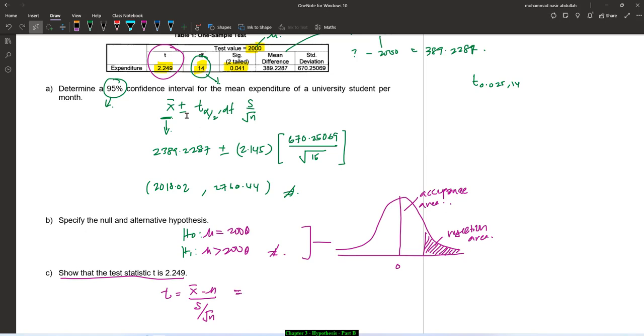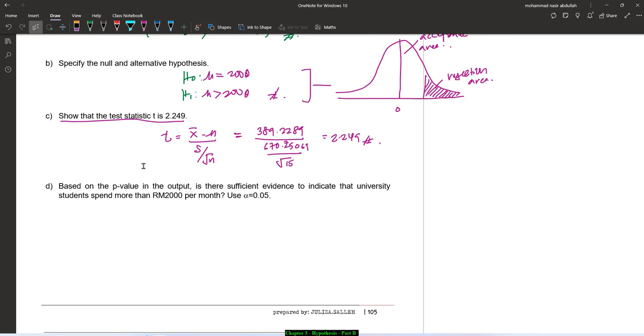So x bar minus mu is equal to 389.2289, divided by 670.25069 over square root of 15. Can you get it? If not, 389.2289 divided by 670.25069 over square root of 15 should be equal to 2.249, right? Okay?